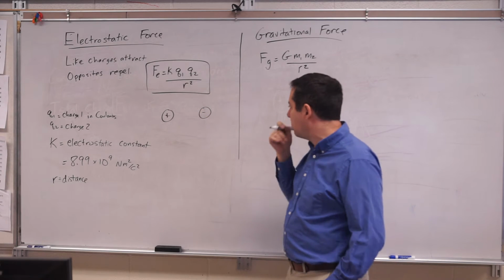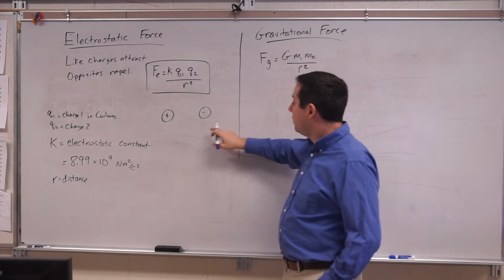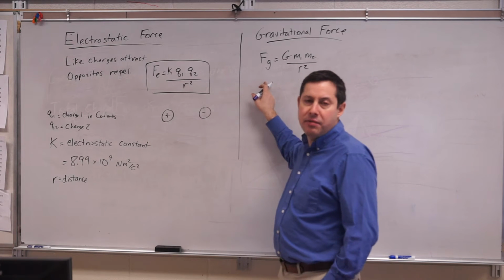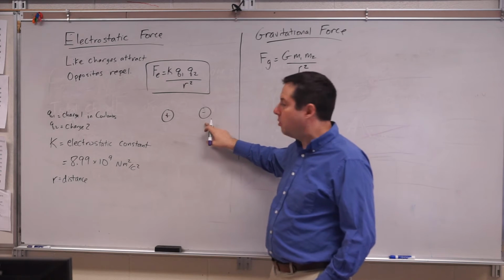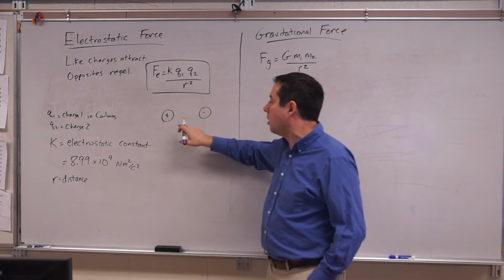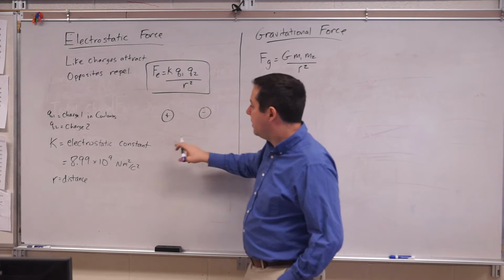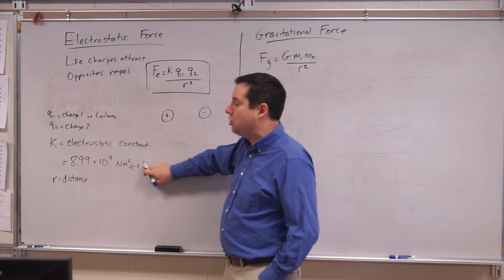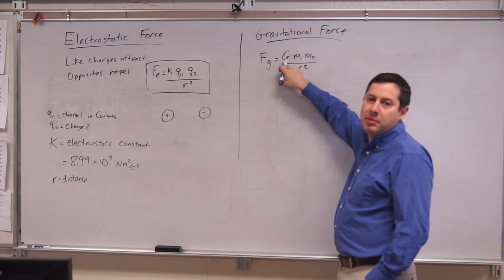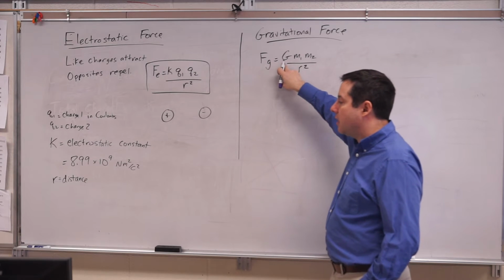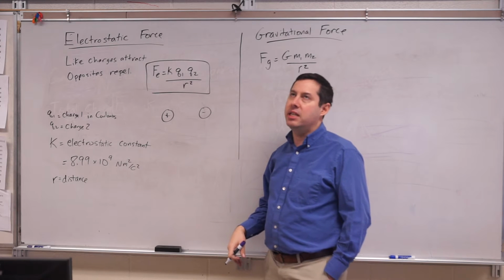If you look at a proton and an electron, and you can find the masses on the reference table, the gravitational force between them is much, much smaller than the electrostatic force. Part of that is this constant, 8.99, is much bigger than this constant, 6.67 times 10 to the negative 11th. Negative 11th as opposed to positive 9 gives you almost a power of 19 difference.